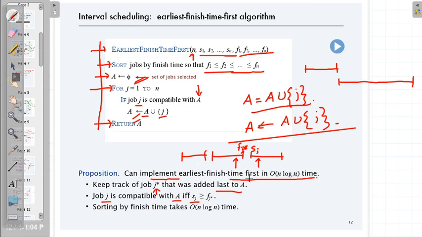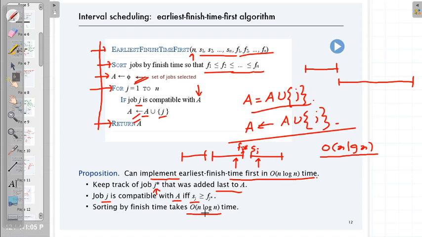First we sort the jobs based on finish time. That takes order of n log n time; any standard sorting algorithm gives you order of n log n time.